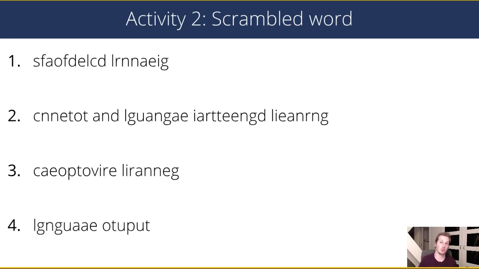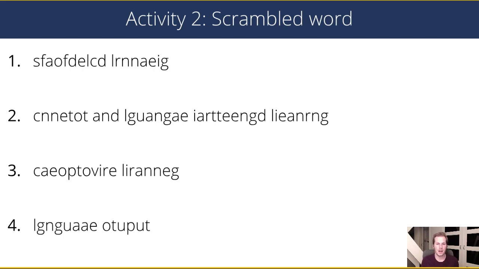Another activity that you can do when you introduce something new is scrambled words. Here you can find 4 scrambled words. I quite often use this in class at the beginning of a chapter, but I will say a bit more about that in a minute. Now, despite this video not being live, I just do want to give you a few seconds to have a quick look at these words and see if you see the correct answers here.